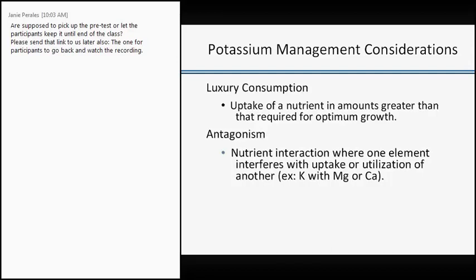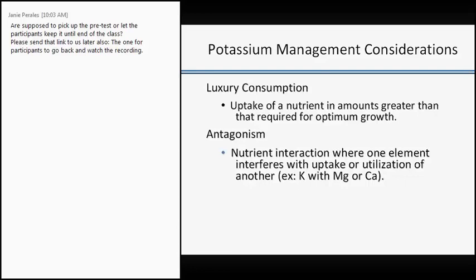Antagonism. This is one of those where potassium can cause you some issues. It's a nutrient interaction with other elements, in this particular case with magnesium and calcium. So if we are putting out too much potassium, we can actually get an antagonistic effect with magnesium or calcium. So you really want to watch how much you're actually applying at any given time.